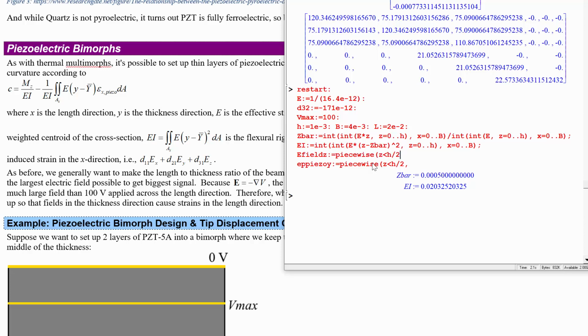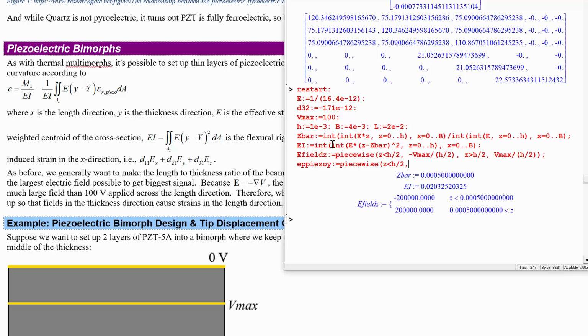If Z is less than H over 2, then we've got an electric field that points down, and this is going to be negative Vmax over H over 2. If Z is greater than H over 2, then we're going to go Vmax over H over 2. All right, so there's our E field. It depends on what Z is.